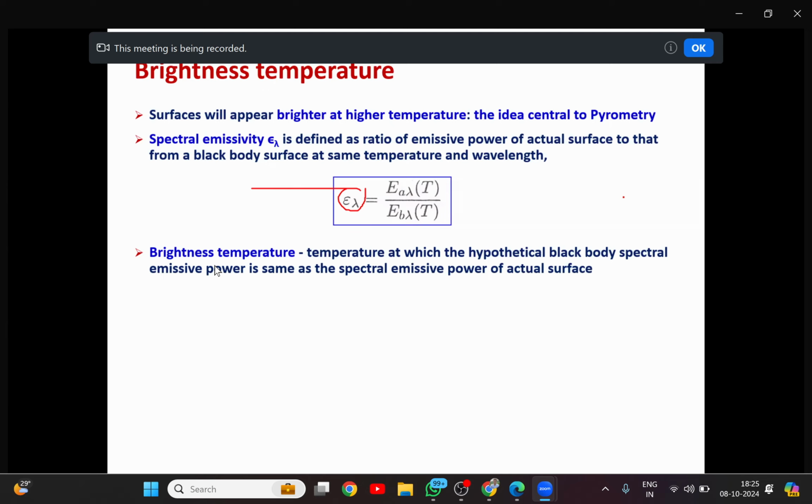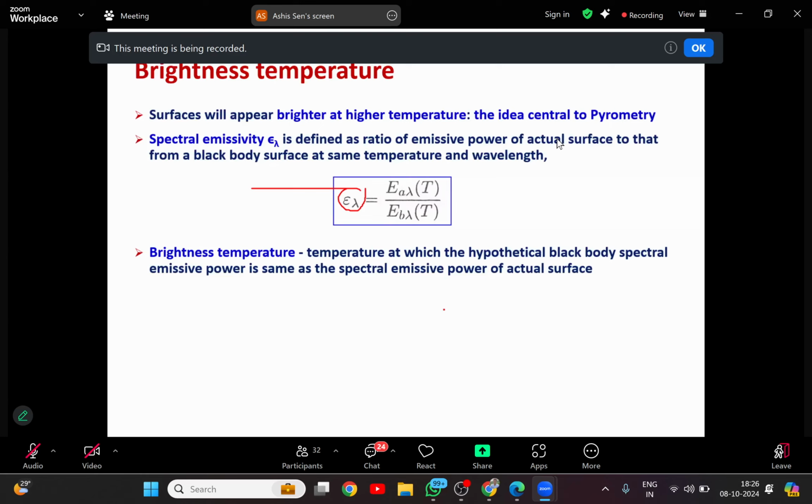Let's say you have an aluminum plate at some temperature, say 800 degrees centigrade. What is the brightness temperature for this case? You can estimate the emissive power of the aluminum surface for a particular wavelength at 800 degrees centigrade.